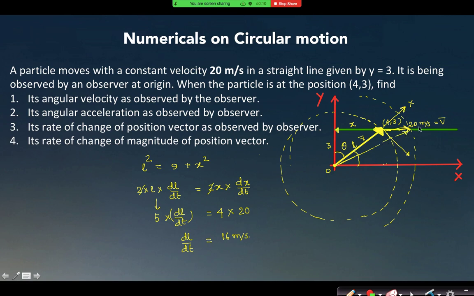So this component of the velocity is responsible to change the magnitude of the position vector or the radius vector. And this component of the velocity, what is it doing? Can anyone tell me? What is this component of the velocity doing?